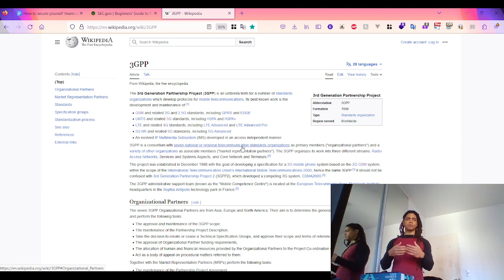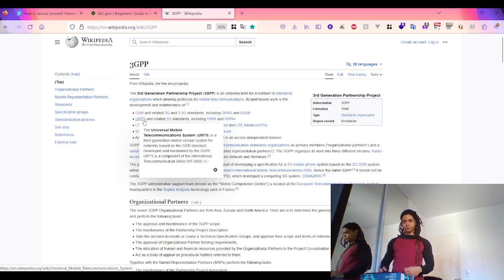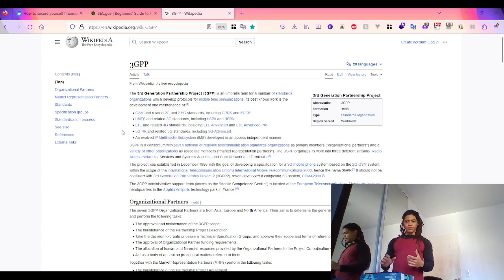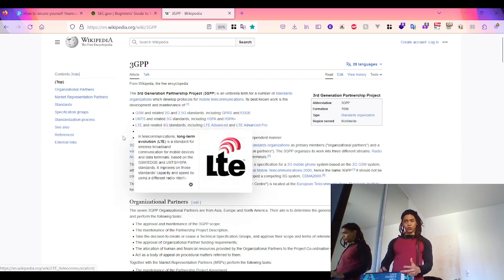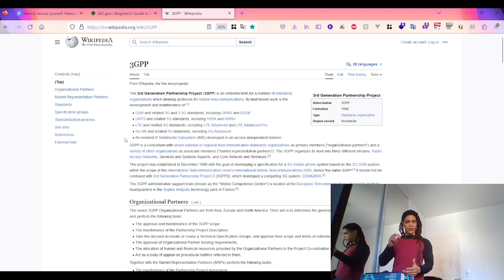For example, GSM, which is related to 2G and 2.5G; UMTS, the Universal Mobile Telecommunications System, and related 3G standards; LTE, long-term evolution, which is related to 4G standards; and now 5G and related 5G standards.